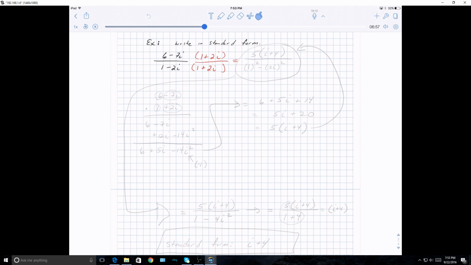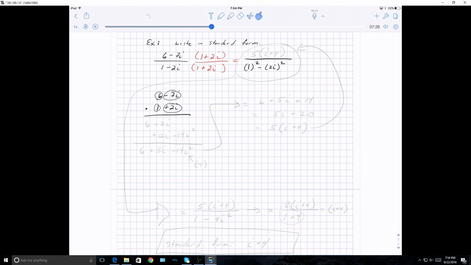Well, the denominator is going to be really easy to put together now, because that's just going to be the difference of two squares. So that's just going to be 1 squared minus 2i squared. And now we can do the product of 6 minus 7i times 1 plus 2i.